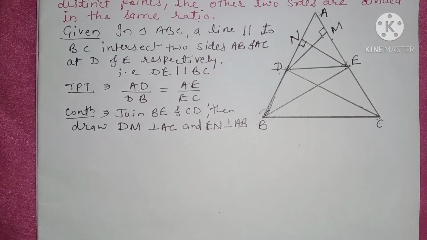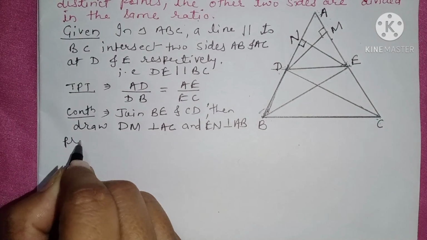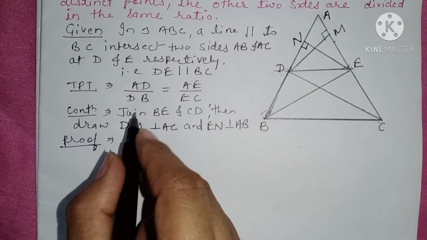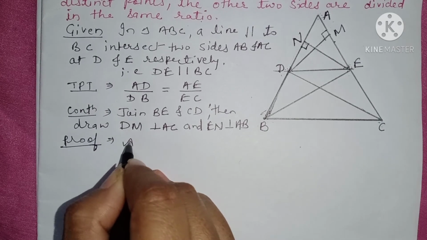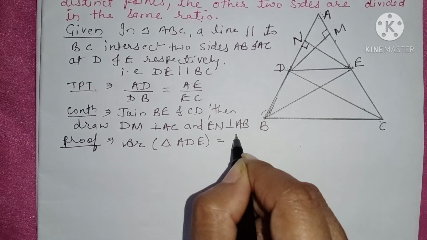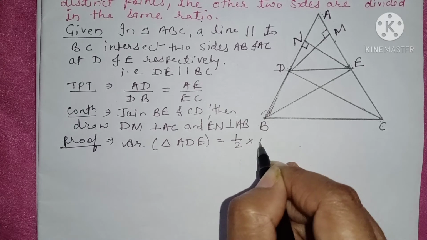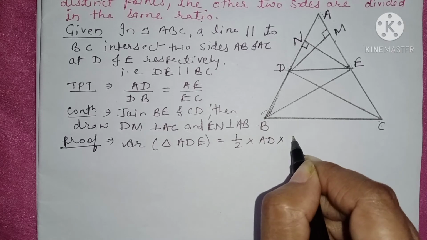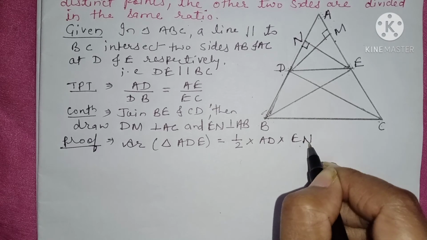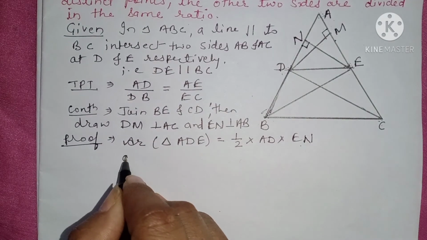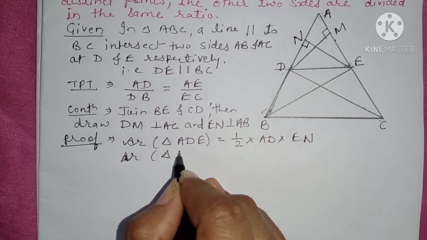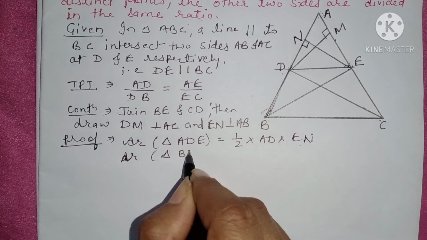Okay, first of all, not solution, we will call this the proof. Proof. First of all, area of triangle ADE is equal to half into base AD into height EN, right? Okay. Similarly, how will you find the area of triangle BDE?